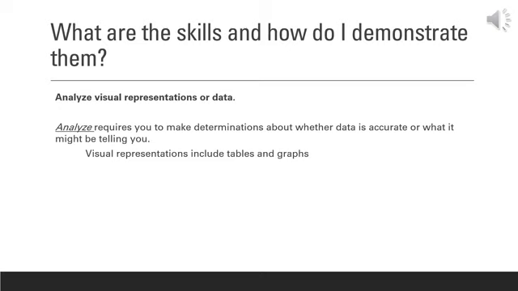The second skill is to analyze visual representations or data. To analyze requires you to make determinations about whether the data or information is accurate or what it might be telling you. You may be given visual representations including tables, graphs, and diagrams, such as a diagram of a biogeochemical cycle.